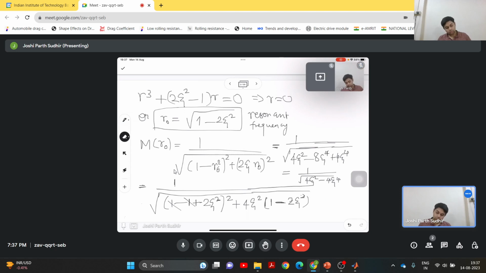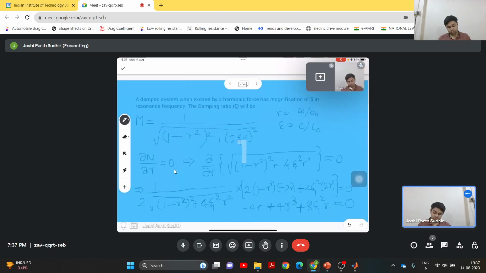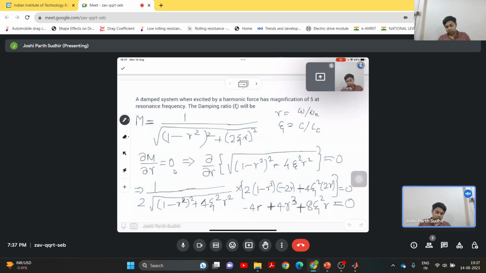Therefore 1 by 2 zeta is equal to 5, which gives zeta nearly equal to 0.1. So this is approximately the value of damping.